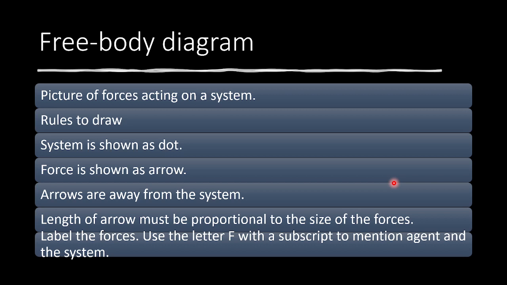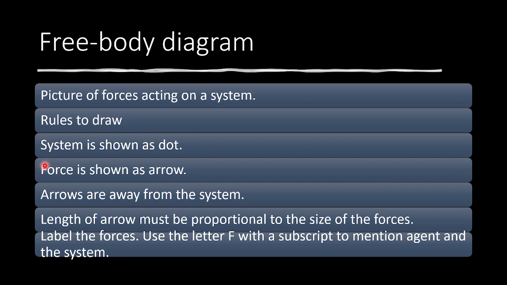Now, there is something called free body diagram. Free body diagram is a diagram of forces acting on a system. We will use free body diagrams for different questions. Now, what are the rules for how we can draw a free body diagram without any mistake?